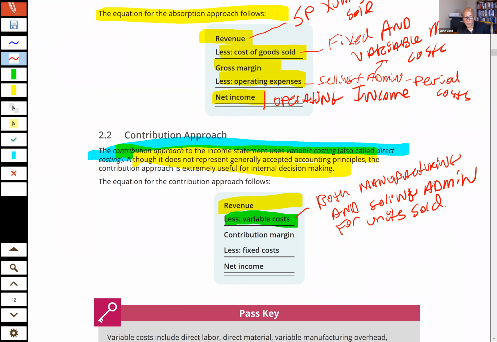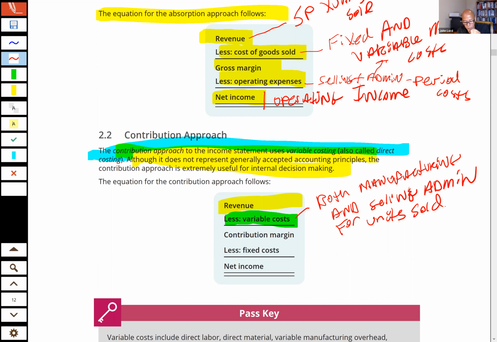For the units we've sold, it's any direct labor that's in there, any direct material, any variable manufacturing overhead. If we had sales commissions, which are selling and administrative expense, they're grouped up there, whereas for absorption, we put that down as one of our selling and administrative expenses in the calculation of operating income.